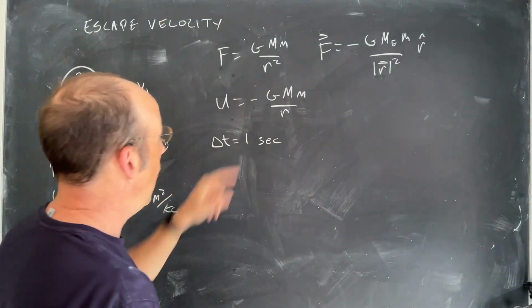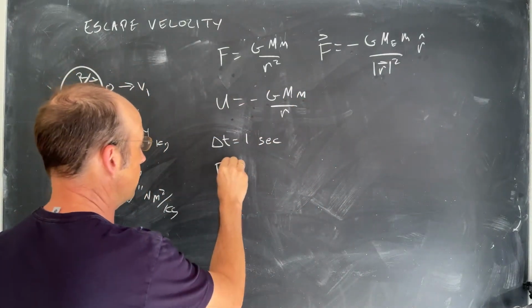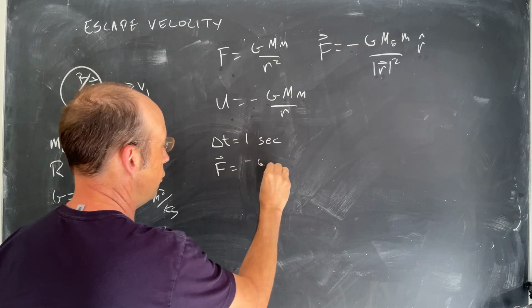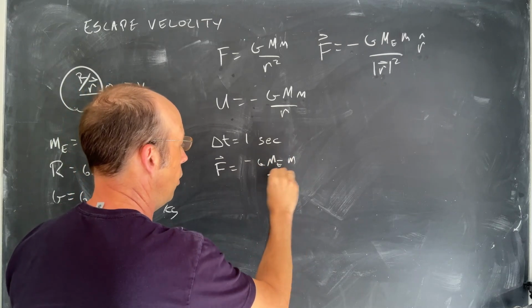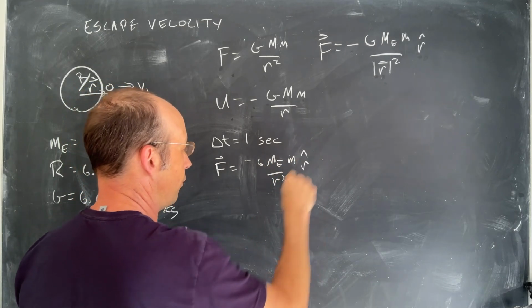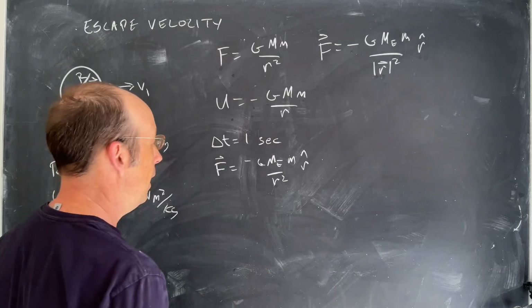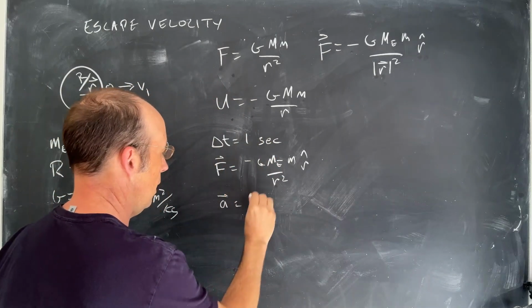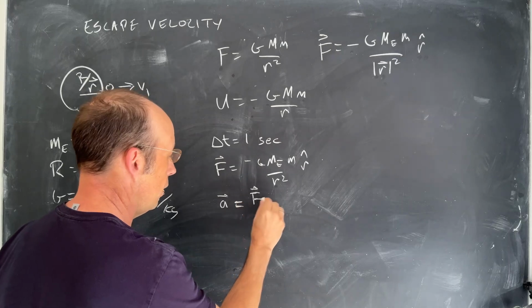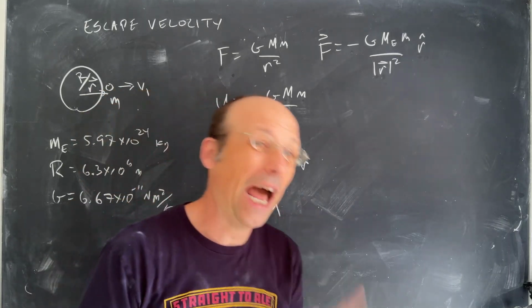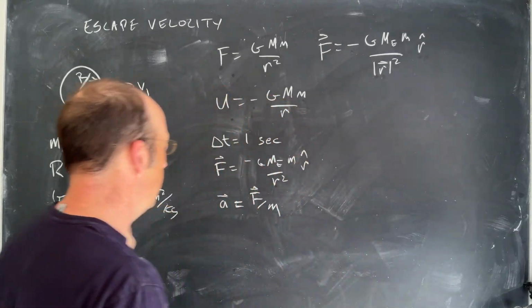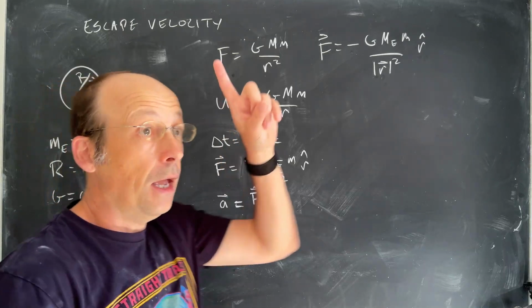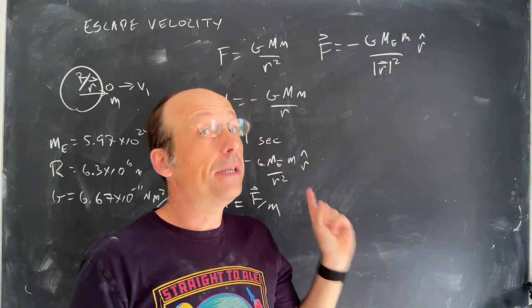So I can calculate the gravitational force, negative G, M_E, m over r squared, r hat. And then you can calculate the acceleration, the gravitational force divided by the mass. You don't have to do that step, but I like to do it because it makes more sense to most people. And then I can update the velocity.